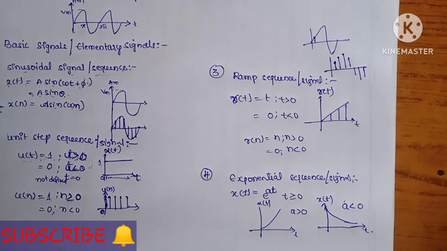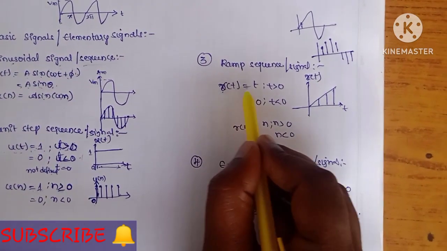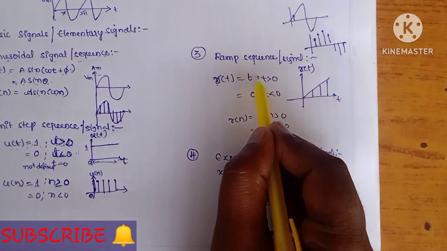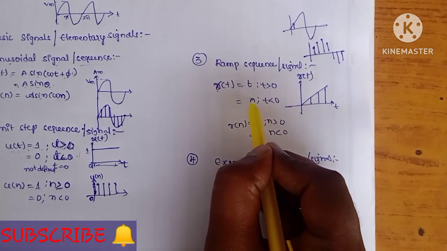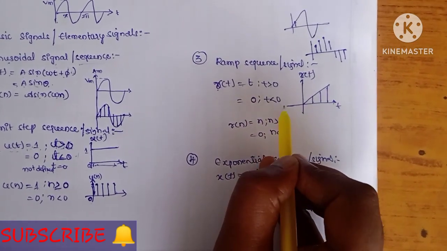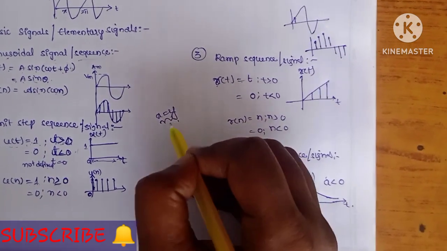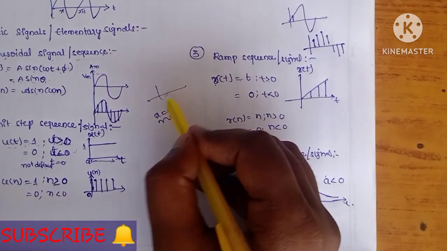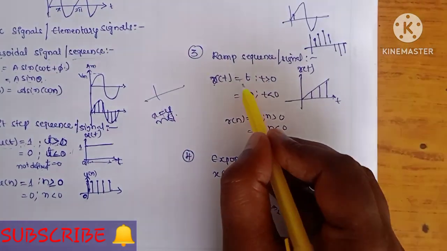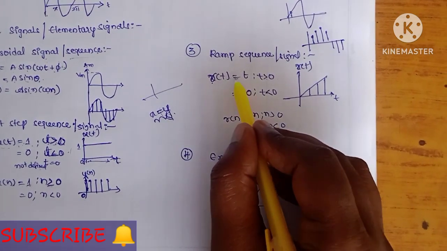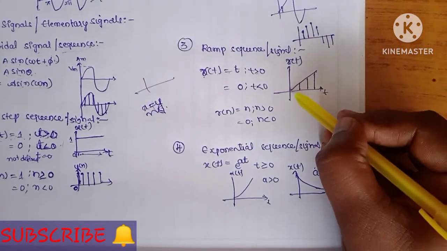The next one is the ramp signal or sequence. It is defined as r of t equals t when t is greater than 0, otherwise it is 0 when t is less than 0. If we substitute values and draw the graph, when t is greater than 0 we get this kind of signal.